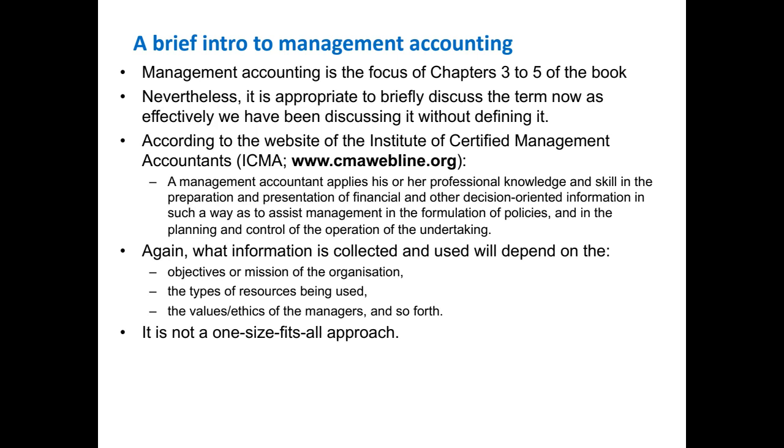Those two decisions are very different. They're vastly different. And so management accounting needs to be so flexible that it can provide meaningful information for both of those decisions. That's amazing, right? Isn't that interesting?